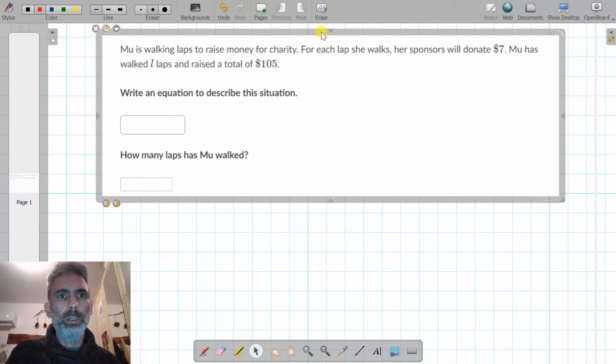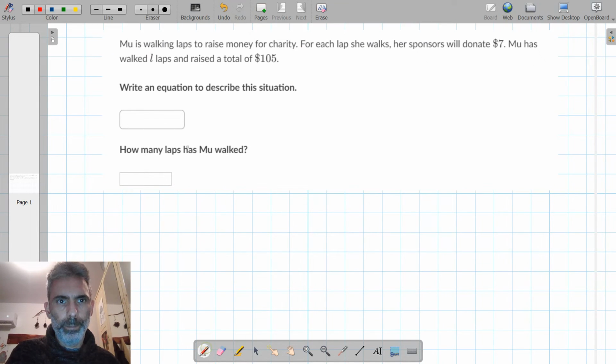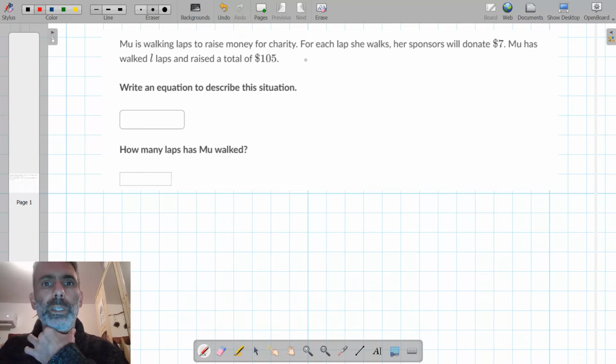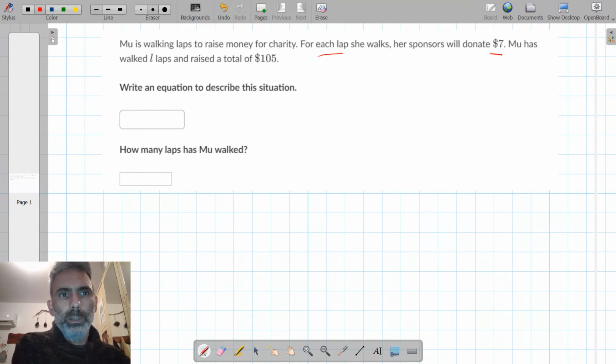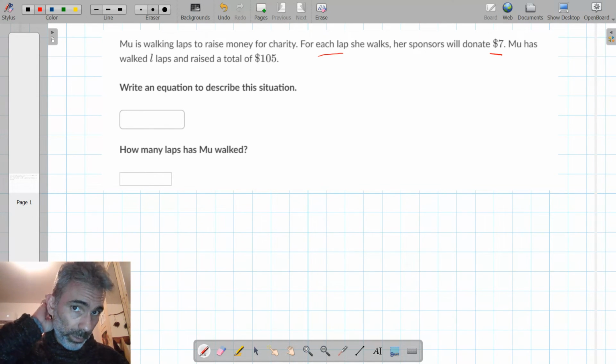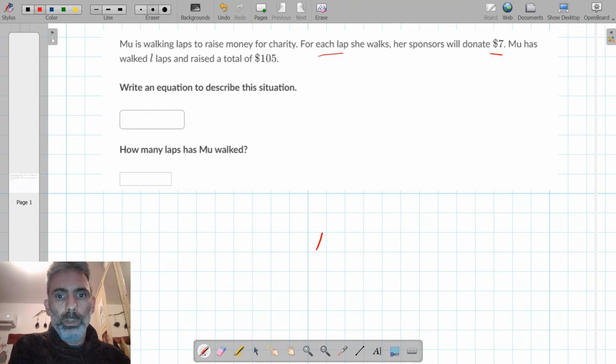Moo is walking laps to raise money for charity. For each lap she walks, her sponsors will donate $7. So $7 is for each lap. Moo has walked L laps and raised a total of $105. So this is the total amount of dollars that she raised.